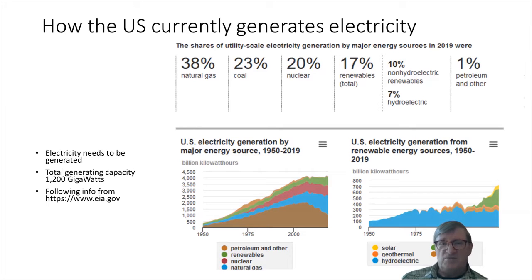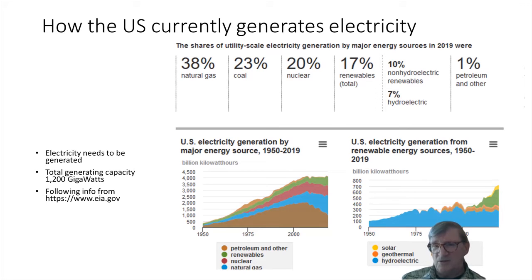In the graph on the bottom left, you can see coal, which is brown at the bottom, has really been going down, and other things have been coming in to replace it. The big problem is, starting about 2000, so for close to the last 20 years, there's really been no net increase in generating capacity.